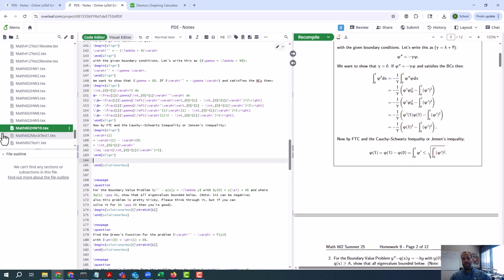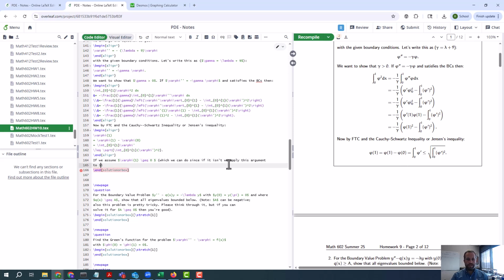so another thing that we need to do here is the following. So if we assume that phi of 1 is greater than or equal to 0, which we can do since if it isn't, we apply this argument to minus phi of 1.